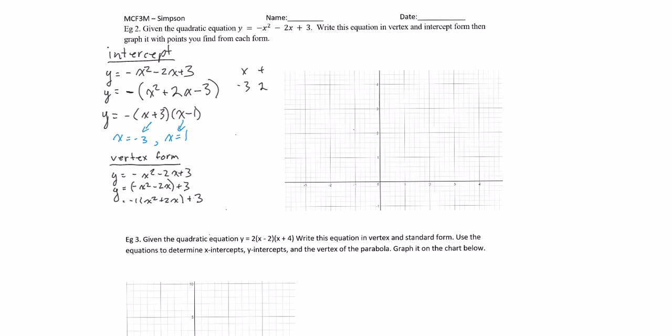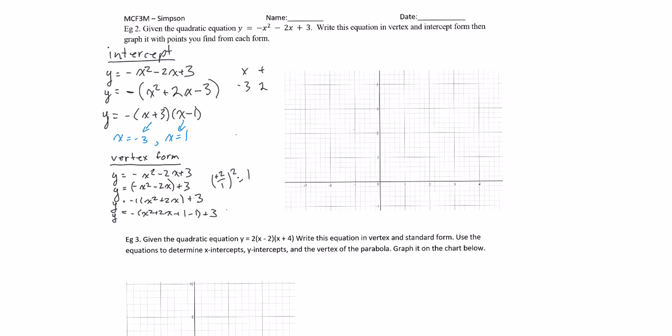So now we know we need a number that we're going to take 2 and divide by 1. Plus 2 divided by 1 squared is equal to 1. So we're going to add 1 and 1 inside the bracket. So we're going to get y is equal to -x² plus 2x plus 1 minus 1 plus 3.